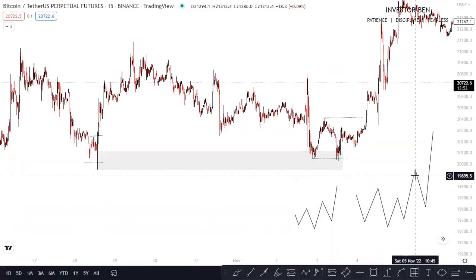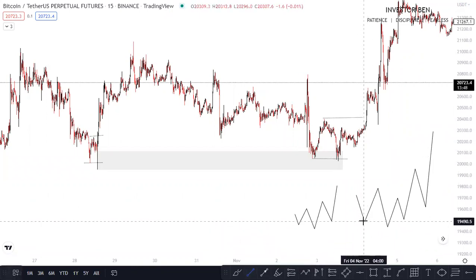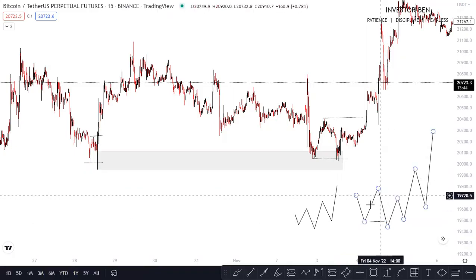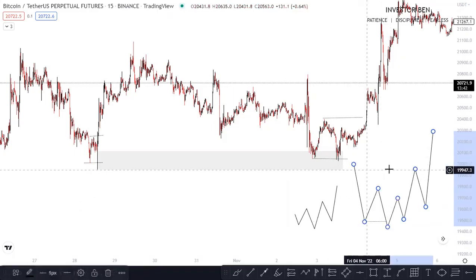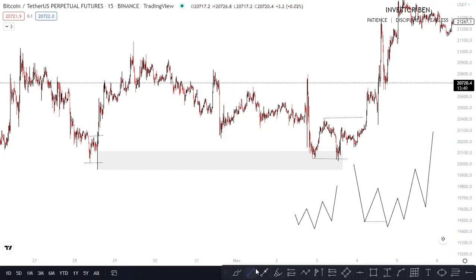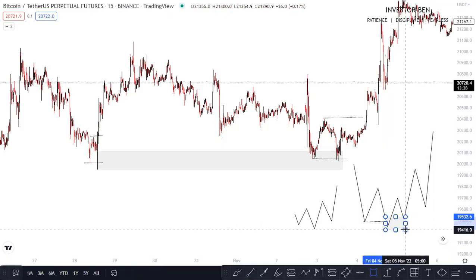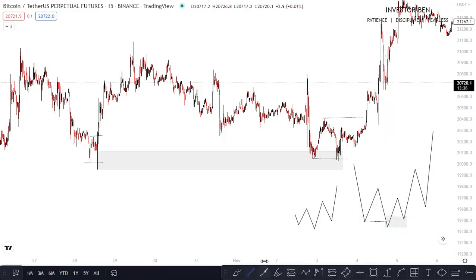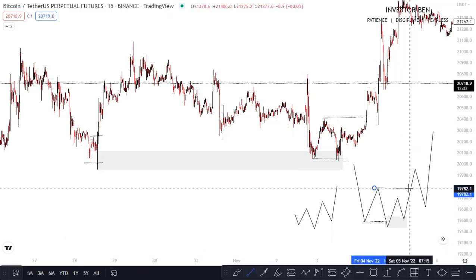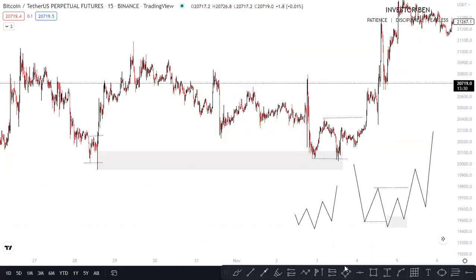This is the kind of formation we had here. Price swept this high, and this is coming from it. But then price mitigated from this demand zone before breaking this structure, and this is your change of character.